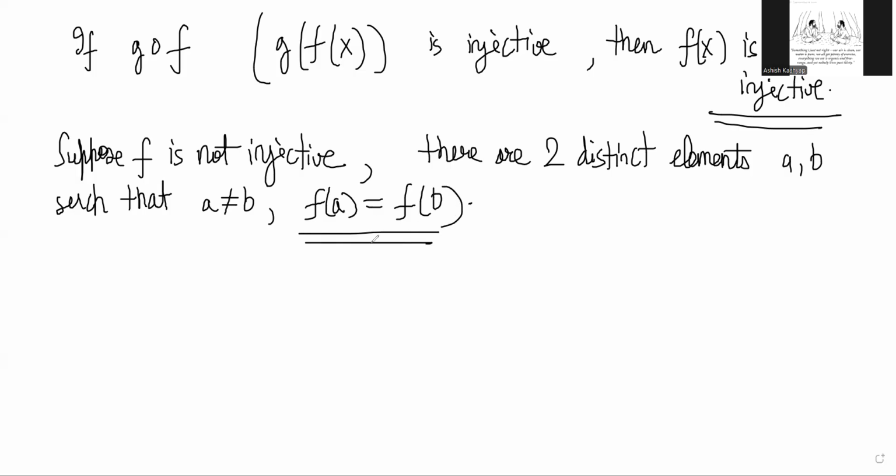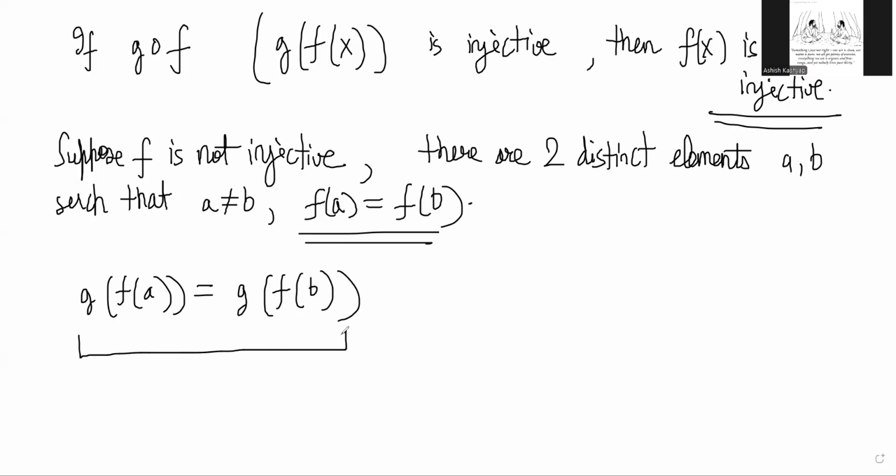So we are assuming that the function is not injective. So now we can do g of f of a is equal to g of f of b, right? We can imply this because we have just applied g on both sides.